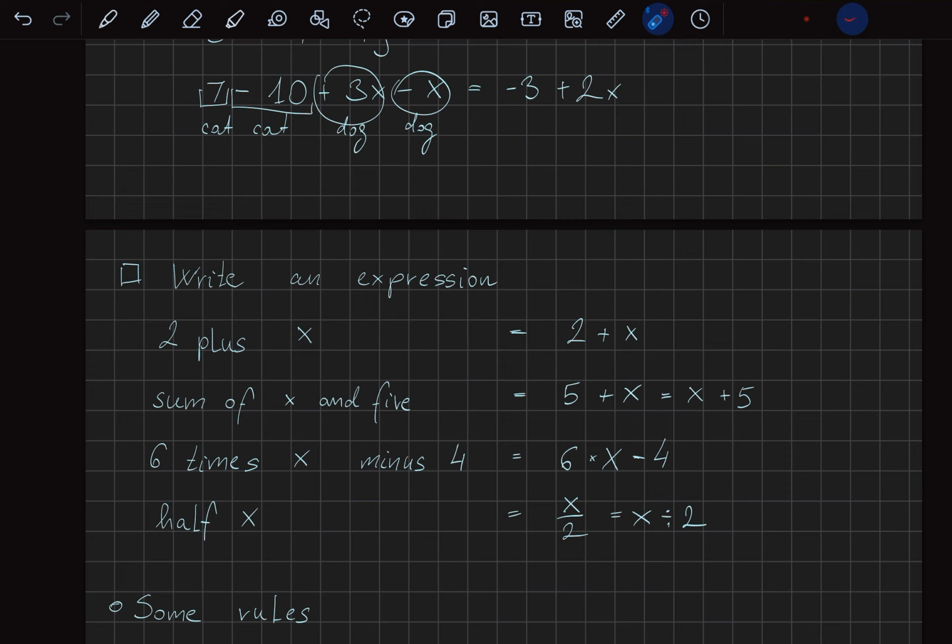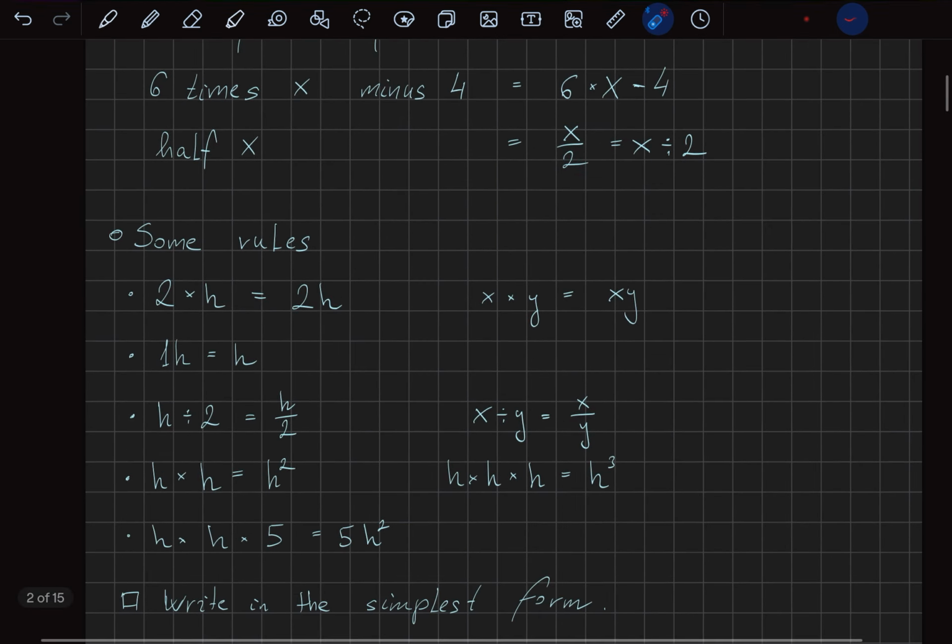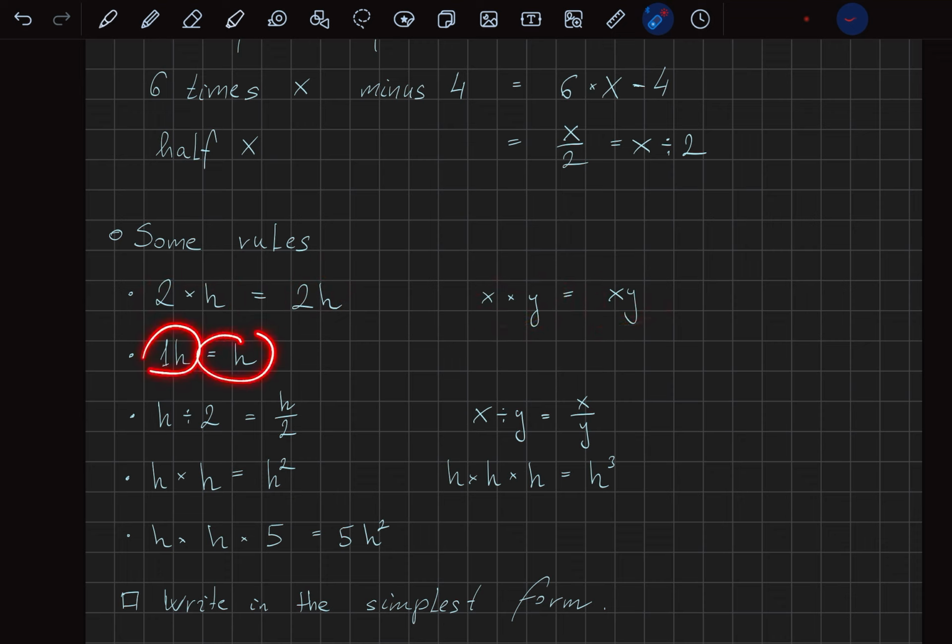Next one, some rules. This is just to make our life easier. 2 times h, it's 2h. x times y, xy. 1h is basically h. h divided by 2 is h over 2.